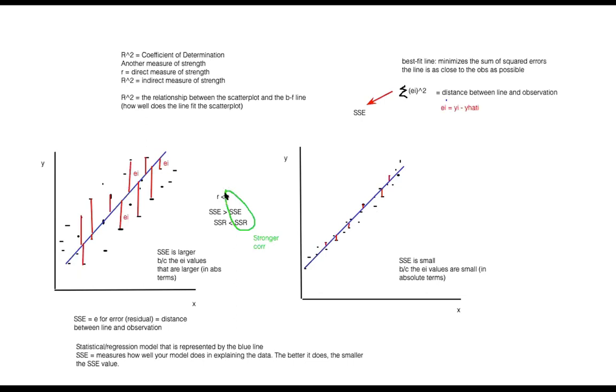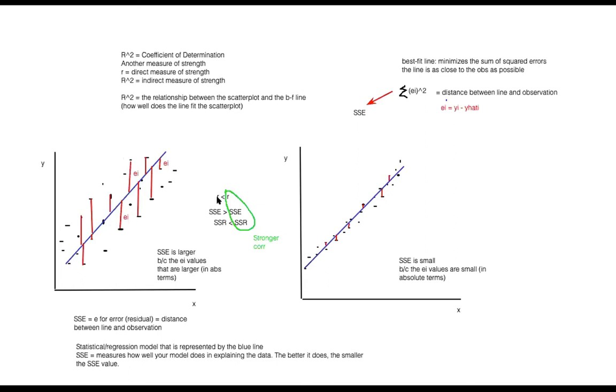And that is precisely what makes SSR larger and SSE smaller. But here, because R is smaller, closer to 0, you have a loose correlation to begin with. Because you had a looser scatter plot, when you put your best fit line on that scatter plot, the line will naturally be farther away from your observations compared to the right-hand side.